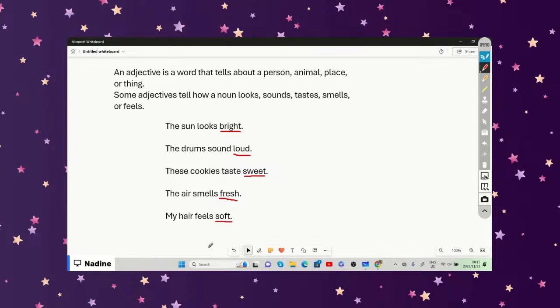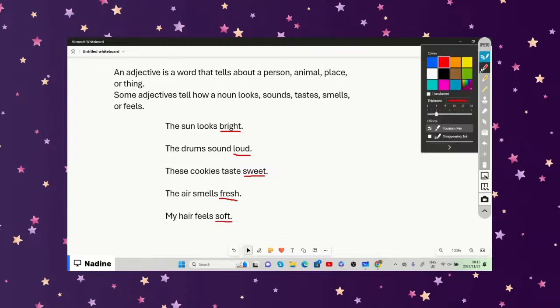And we said that these are sense words. The words that I'm going to underline in blue are our senses: looks, sound, taste, smell, feels. Those are our five senses.